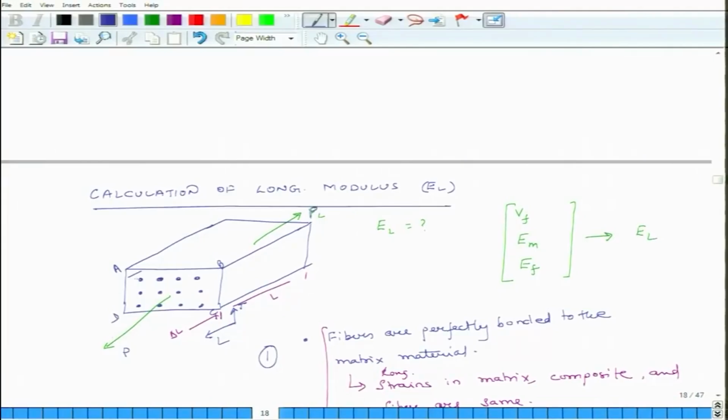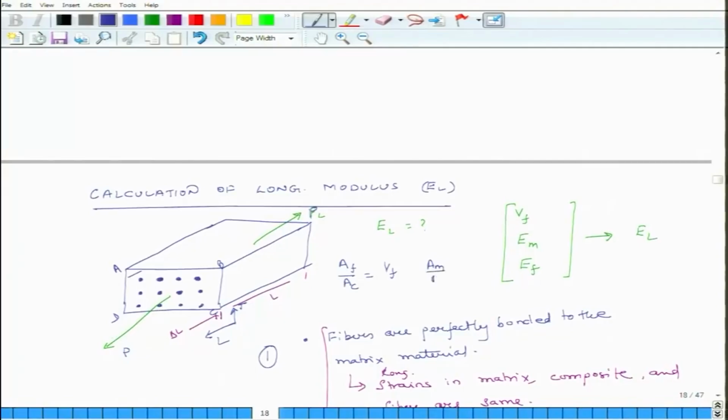What is AF? AF is the sum total of all the cross sectional areas of all these fibers, and AM is the area of the matrix in the cross section ABCD. So if that is the case, then AF over AC equals what? Volume fraction of the fiber.